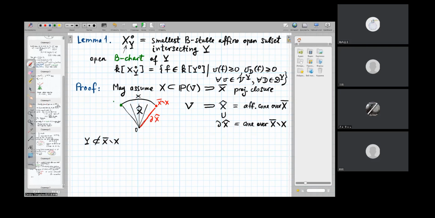So here is Y. It is not contained in X bar minus X, and therefore we may again consider the cone over this orbit.